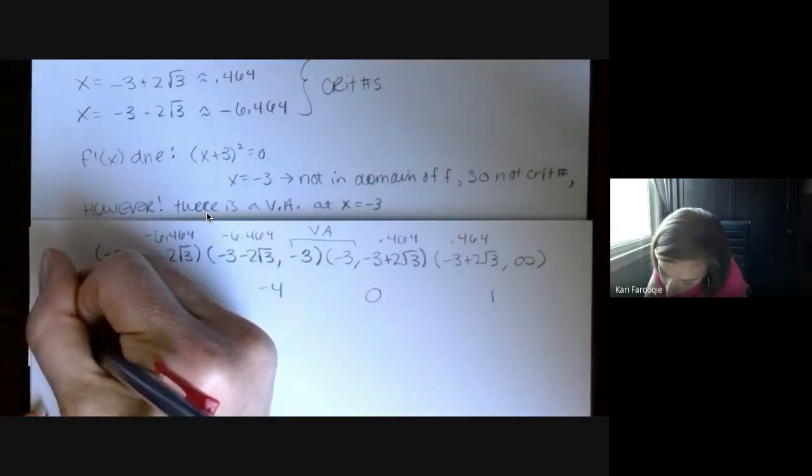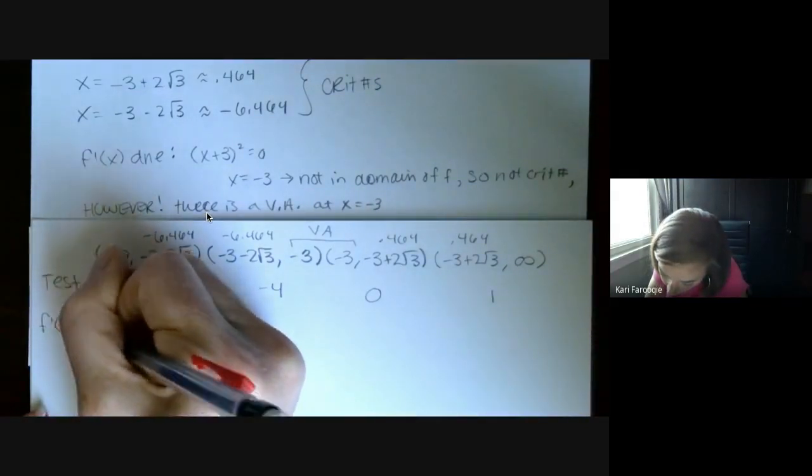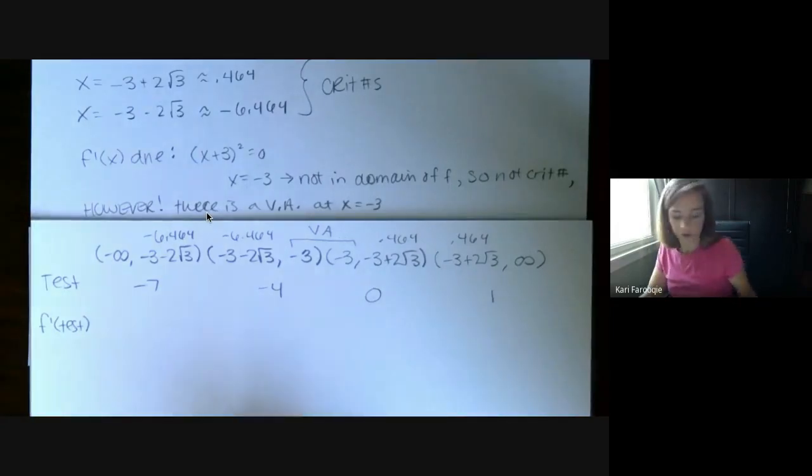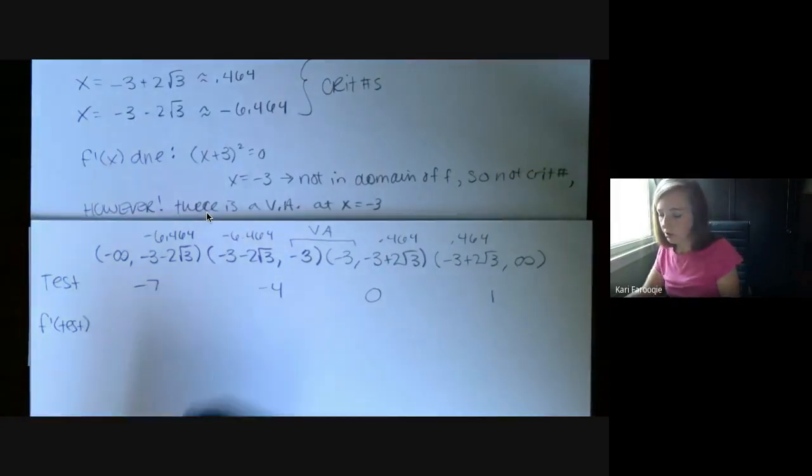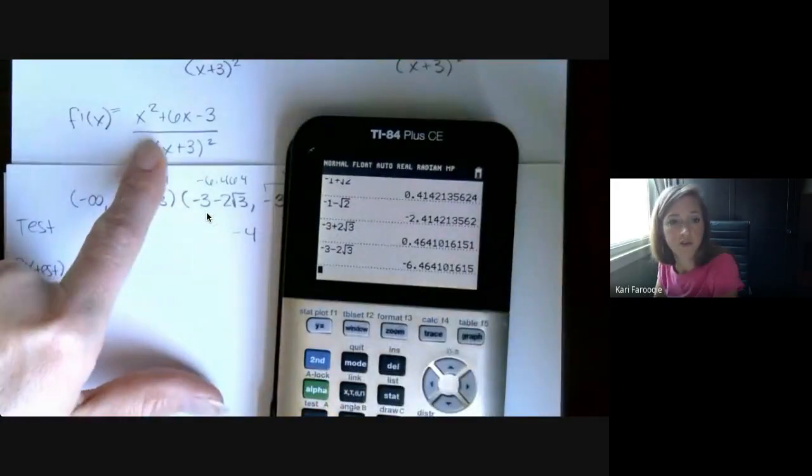So we're going to evaluate the derivative at the test point. If you'd like, at this point, there's a lot going on. If I were you, I would probably just put my derivative into my graphing calculator to the table. The derivative was this one.